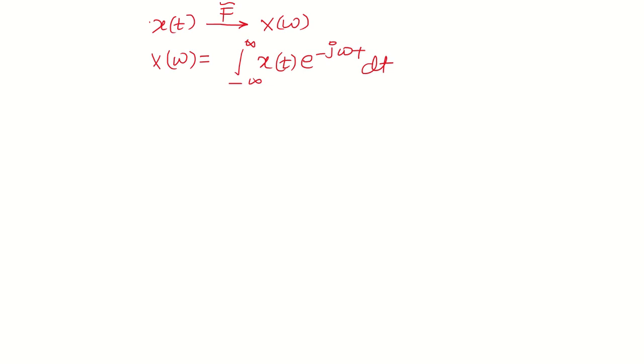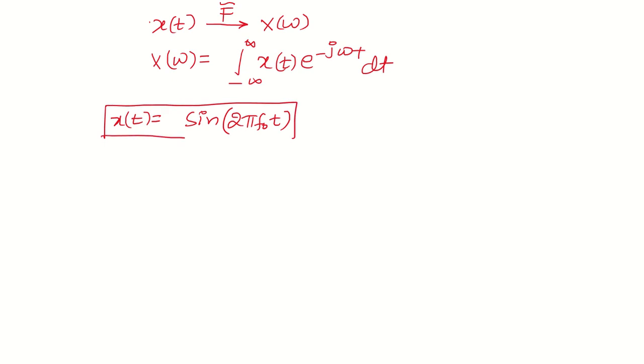Now suppose we want to convert the signal x of t equals sine 2 pi f naught t. This is a time domain signal, and we want to convert it into a frequency domain signal. So we will use this formula. X of omega or X of f are the same thing. Omega is the angular frequency, which is related to the simple frequency by omega equals 2 pi f.